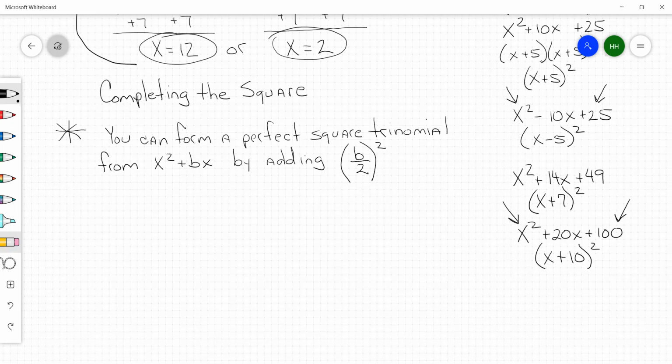Let's not put a period there. Let's just say this. By adding b divided by 2 squared to both sides of the equation.